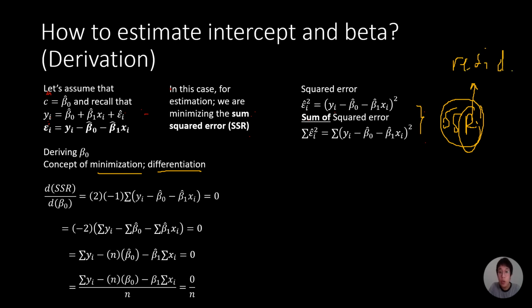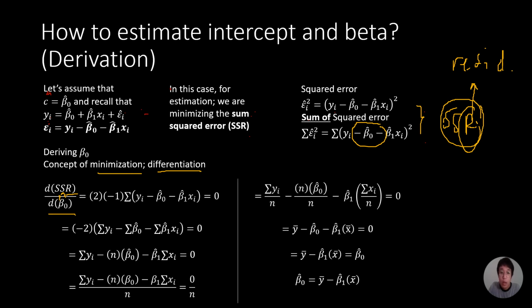All right. So you need to differentiate your SSR in terms of your beta naught hat. In this case, beta naught hat should be here. If you notice that here you have the chunk powered to 2, right? So you have to put it here, make it down here 2, and then after that your beta naught hat actually is accompanied by -1 here.